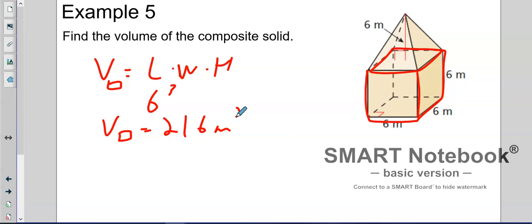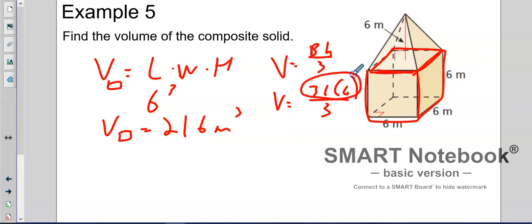Now, remember, volume of a pyramid is area of the base times the height divided by 3. So what is the area of the base? Well, it's a square, so 6 by 6, which is 36. The height is also 6, divided by 3.